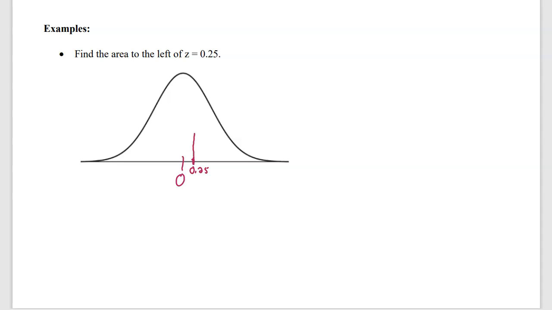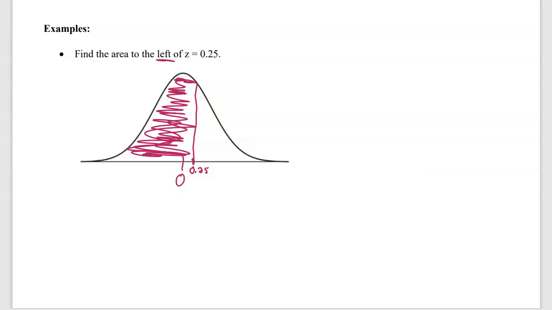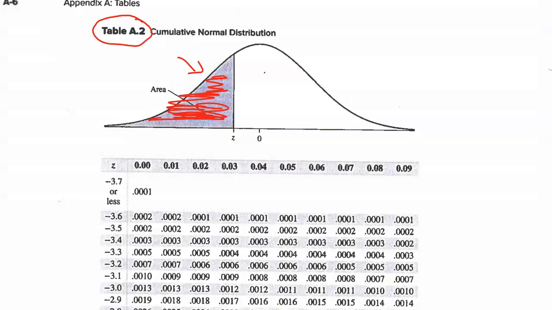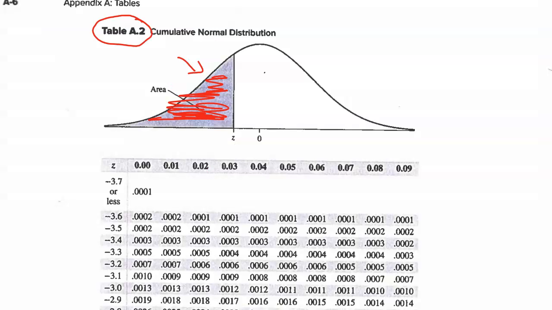I'm going to draw a line straight up, as straight as I can, and I want the area to the left, so I'm going to shade to the left. Okay, then I'm going to ask myself, does this picture look like this picture? If it does, then what I can do is I'm going to take this number and look it straight up on here.